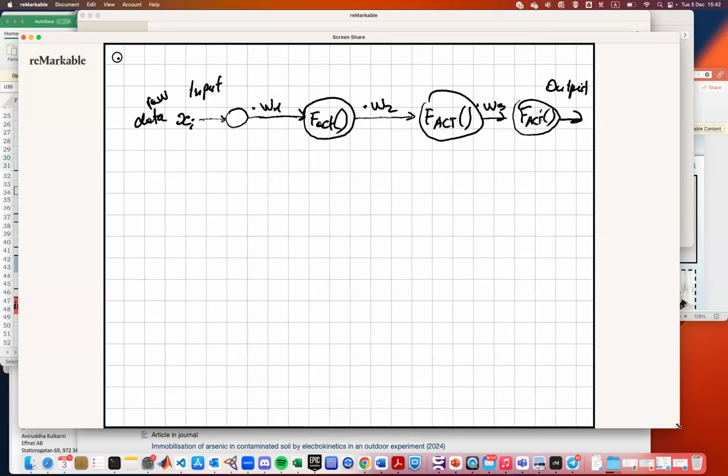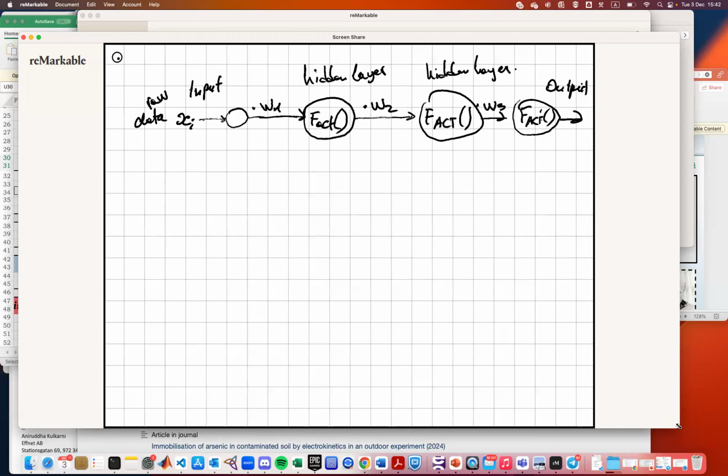So here we have one hidden layer, and here we have another hidden layer. But again, what is in it for us? That's still an algorithmic view of it.